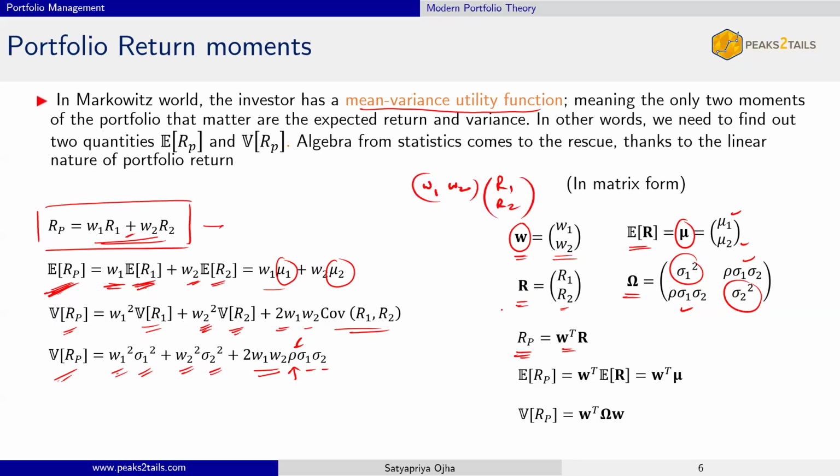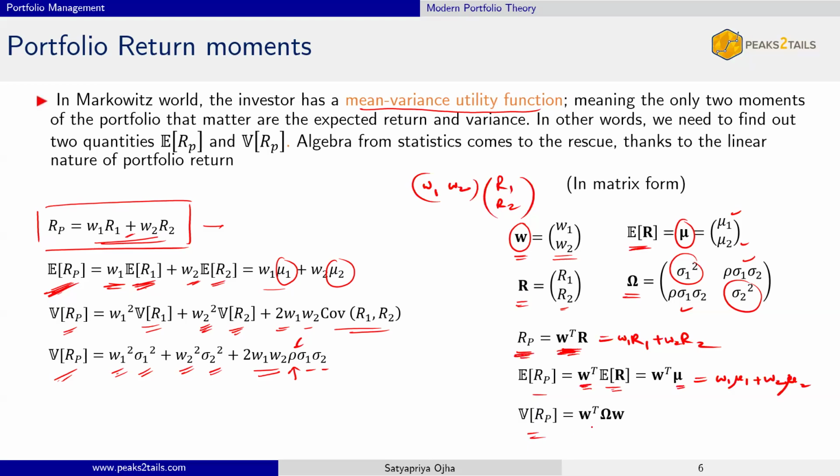Matrix multiplication: W1 R1 plus W2 R2, same thing. The expected value of this: W transpose is just a constant coefficient vector that will come out. Expected value of R is just mu1 and mu2, which is mu. So if you expand this, it's the same, W1 mu1 plus W2 mu2.